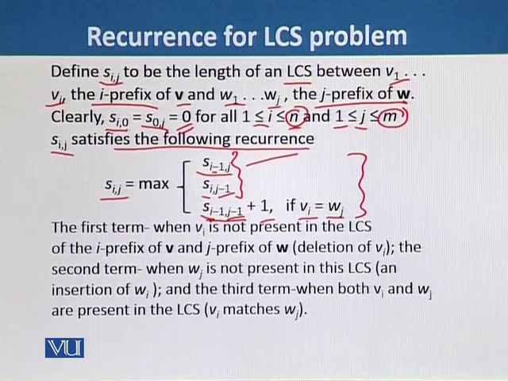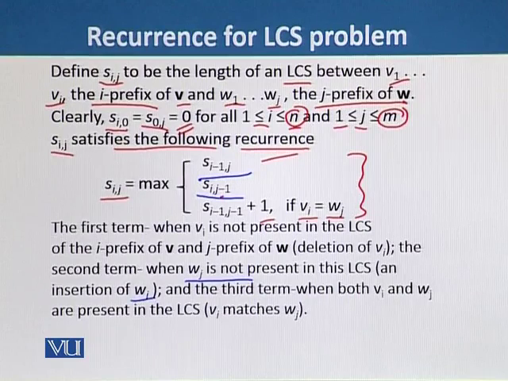The first term represents the case when Vi is not present in the longest common subsequence of the i-prefix of V and the j-prefix of W. It means that there is a deletion of one alphabet in the V string. The second equation denotes that when Wj is not present in the longest common subsequence, it is an insertion within the W string.